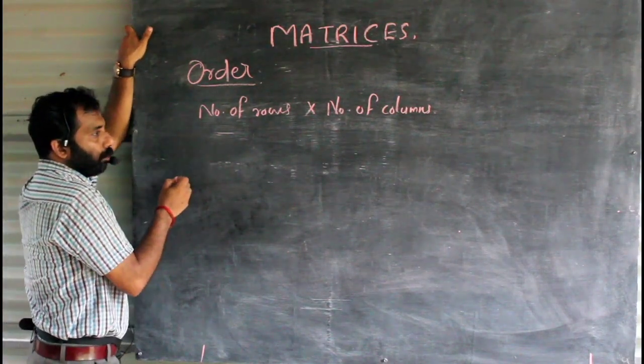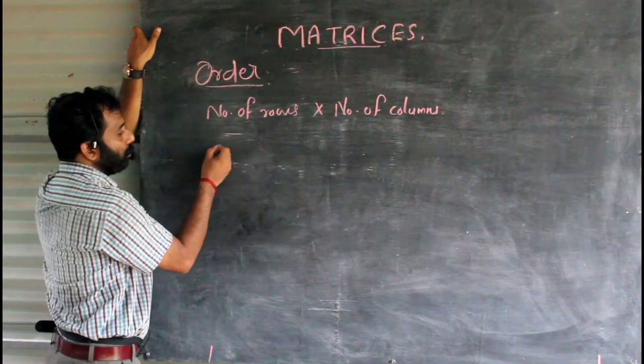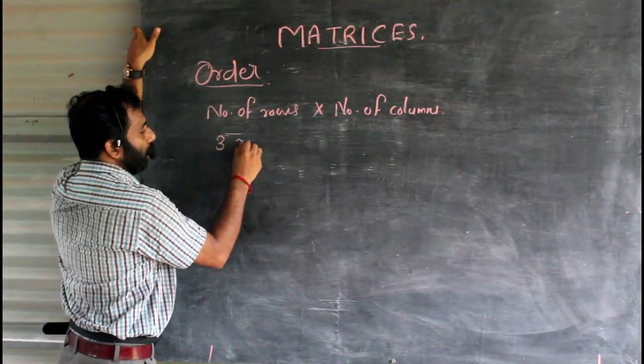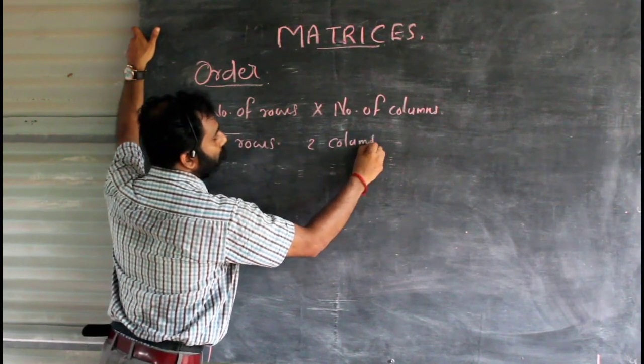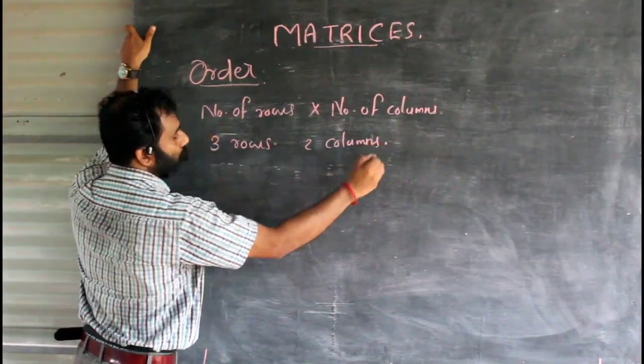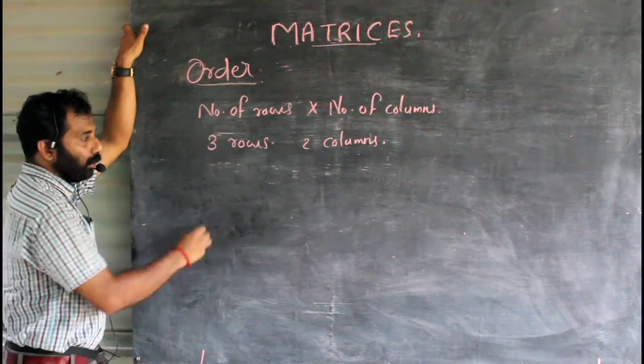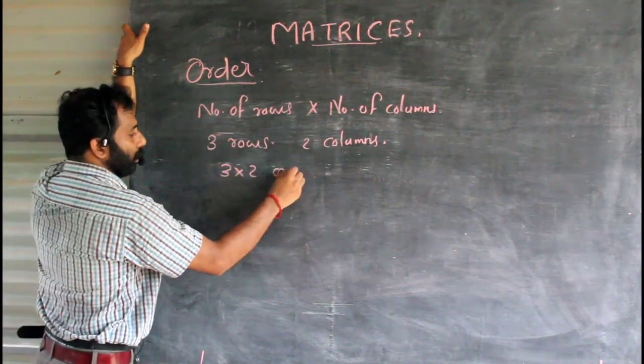Let's consider a matrix having 3 rows and 2 columns, that is, a matrix of order 3 by 2.